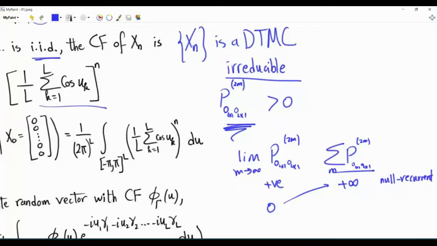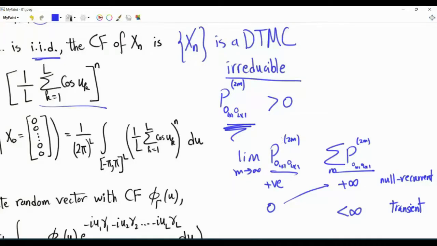Note that this summation gives over all time the average number of visits to the origin, starting from the origin. So if this summation is plus infinity, it means that the origin is visited infinitely often, and it will be a null-recurrent state if the limit is equal to 0. Now, if this summation is a finite number, then we have a transient state, because it means that over all time, the average number of visits to the origin from the origin is a finite number.